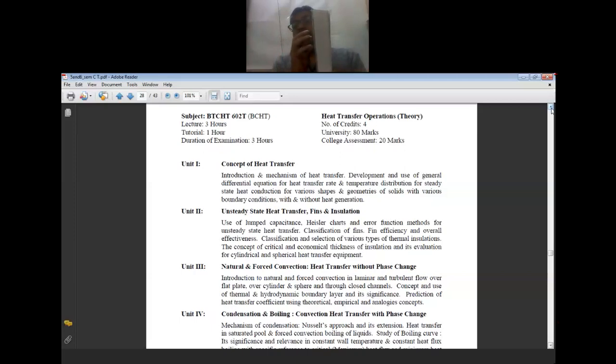So the heat from this side will be transferred to this surface and then to its surroundings. So we have to understand the different situations to calculate the temperature distribution for steady state conduction for various shapes and geometries.